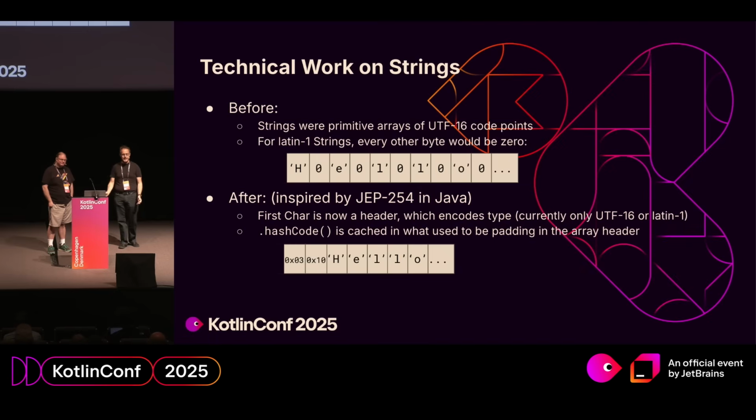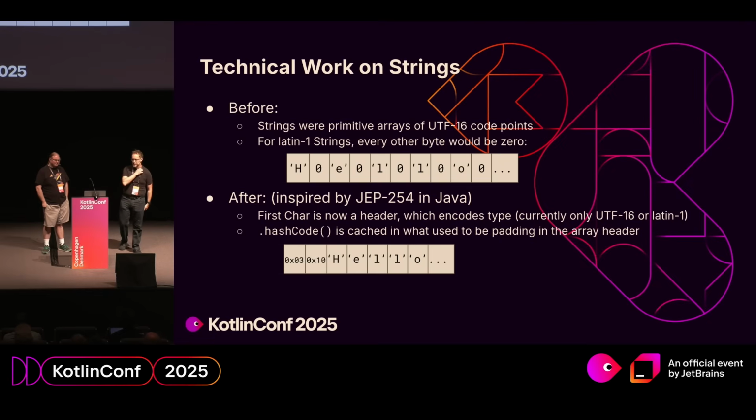And we still need to use that to have it work with some of the legacy code. So it still needs to be a UTF-16 array, but what we store inside that array can change a lot.